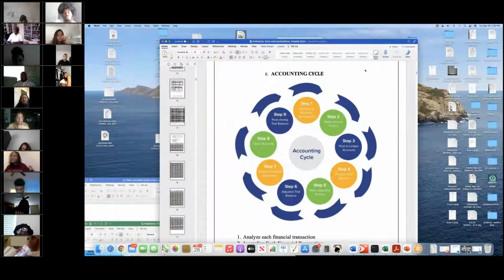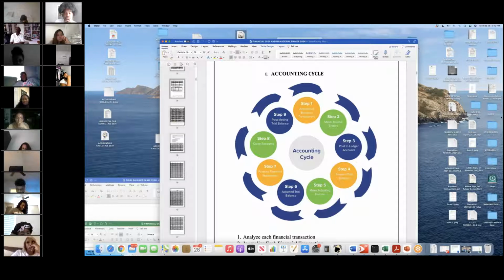Okay, so we are working with the accounting cycle. We started with step 1, analyzing transactions and making journal entries.